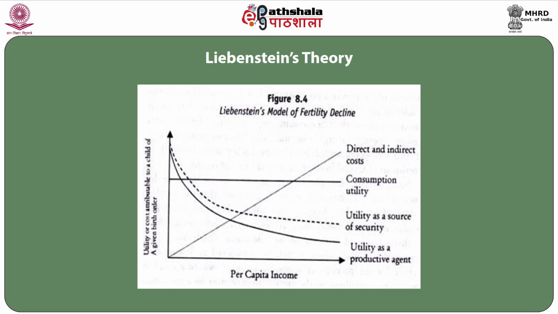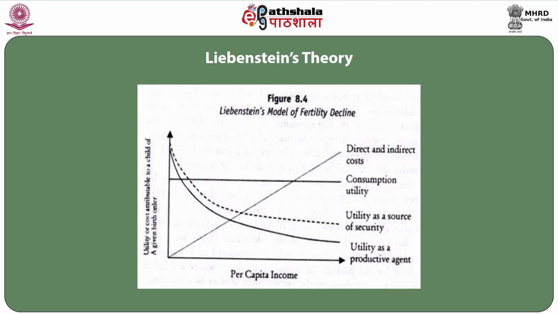of having a child. Of these three utilities, we see that irrespective of the per capita income of a family, the consumption utility remains constant, whereas utility as a source of old age security, or security in any sense, or utility as a productive agent, tends to diminish as the per capita income of the family increases.